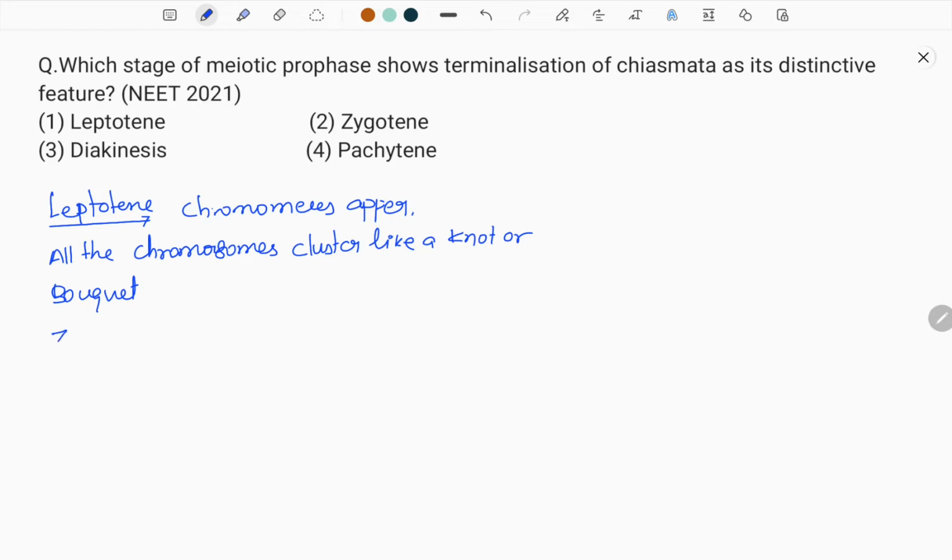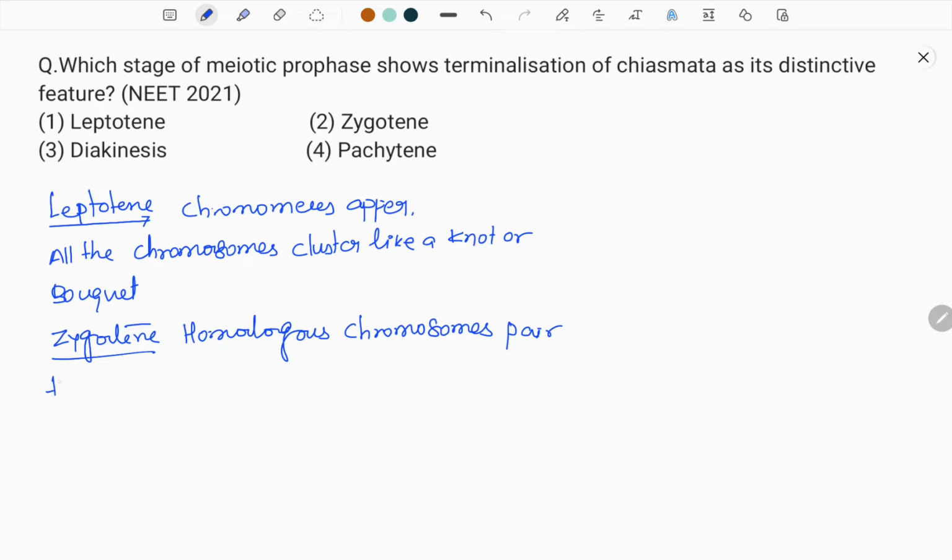Next one, that is zygotene. During zygotene, the homologous chromosomes will pair. What are homologous chromosomes? The chromosomes which are similar in character and structure are called homologous chromosomes. So these homologous chromosomes pair.